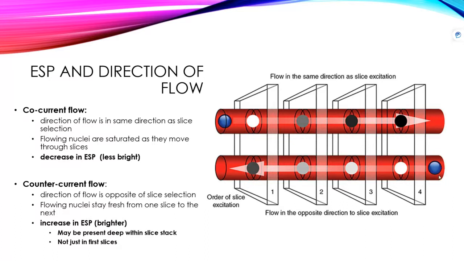Well, if the inferior vena cava is at the bottom, it's going to be fresh coming into the slice, right? So therefore, the inferior vena cava is bright, but your aorta is dark because it is up here and it has moved through all of these slices and has been excited and rephased before it actually got to this point.